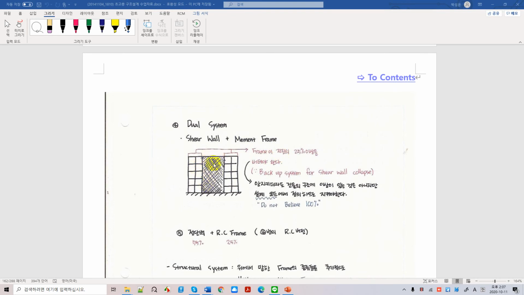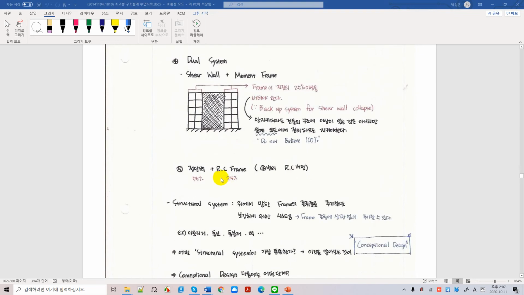This is for protecting shear walls. If shear wall has to resist 100% seismic load, then it may not be very good. So we have to distribute the contributions into two, shear walls and moment frames. And also we have a reinforced concrete frame.